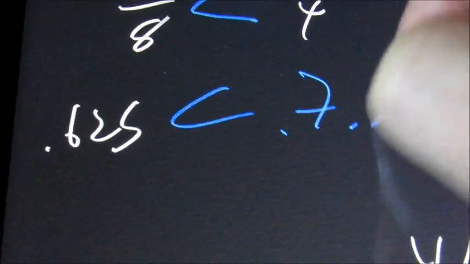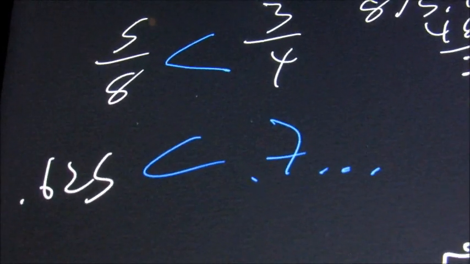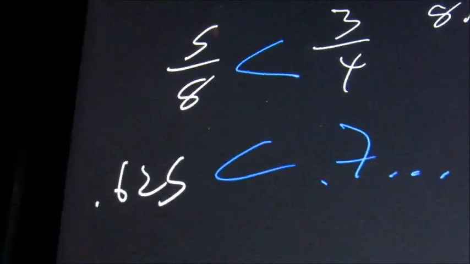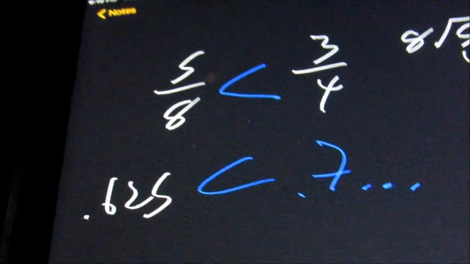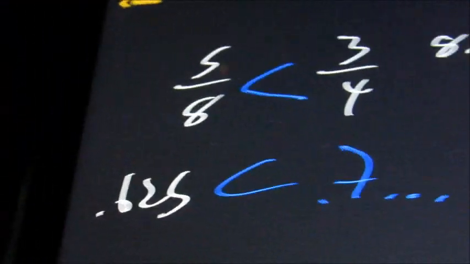It doesn't matter what the rest of the digits are. So as soon as you find where they differ, it's definitely less than or greater than, and you can stop there. And that is it for section 4.5.